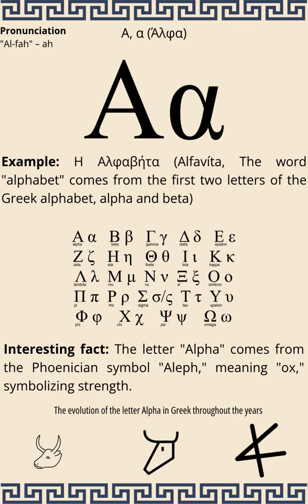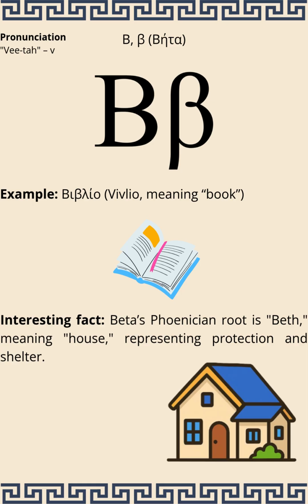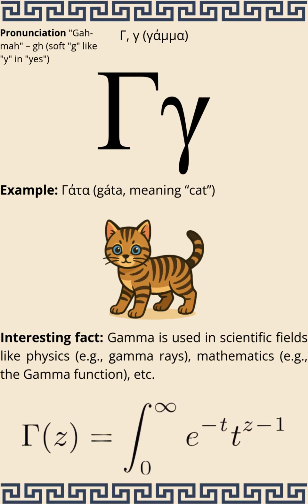The first letter of the alphabet is alpha, and the sound that it makes is a. Then we have vita, the sound is v, and we have the example βιβλίο, that is the book. Then we have the letter gamma, g.